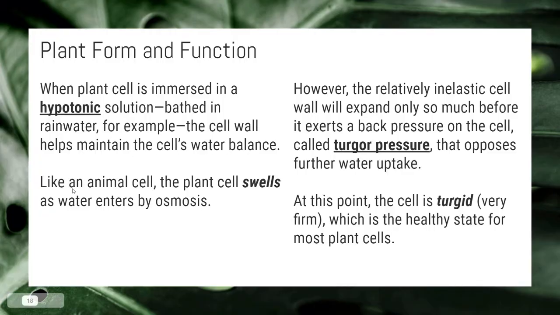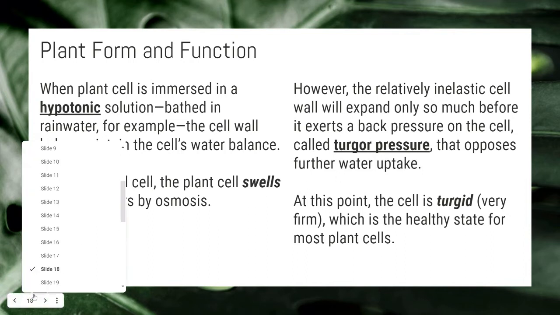Like an animal cell, the plant will swell but will not burst, because of the presence of the cell wall. The inelastic cell wall will expand so much before it exerts back a pressure on the cell called turgor pressure that opposes further water intake.